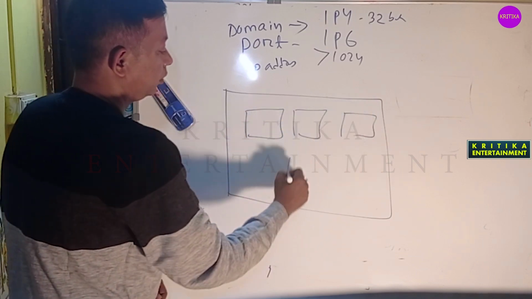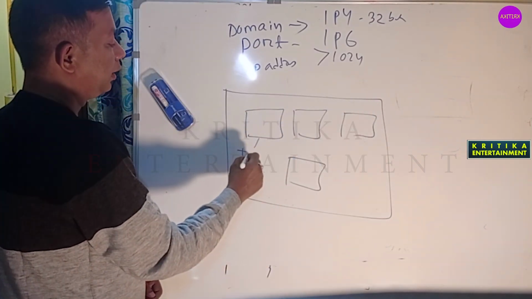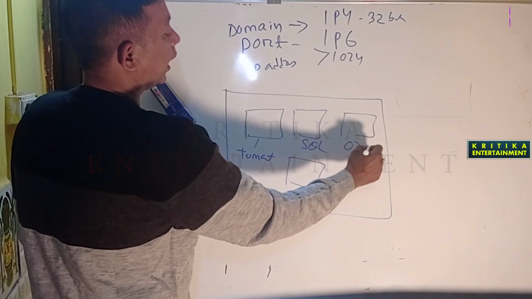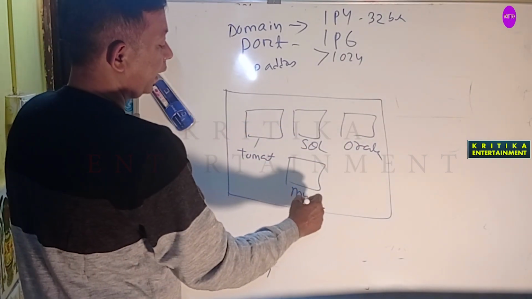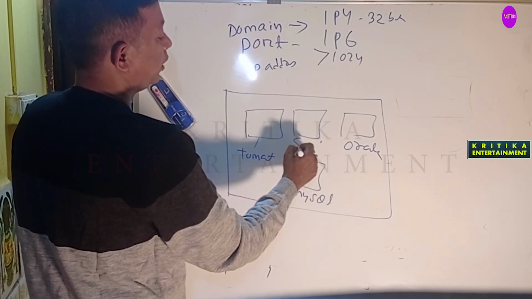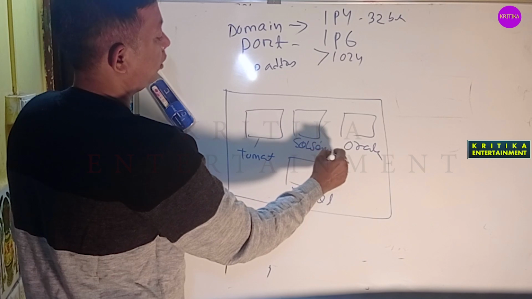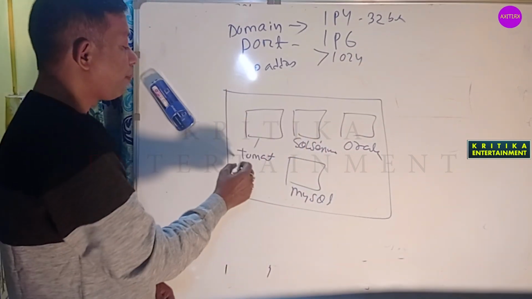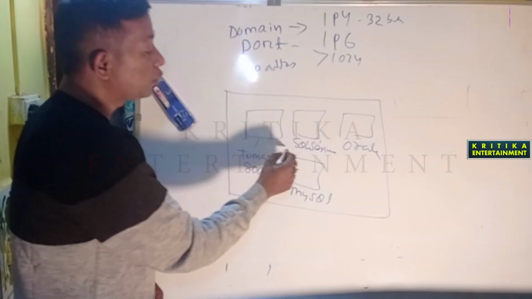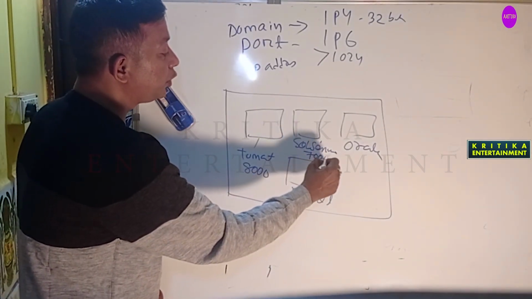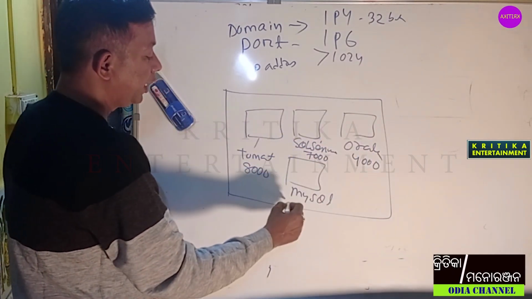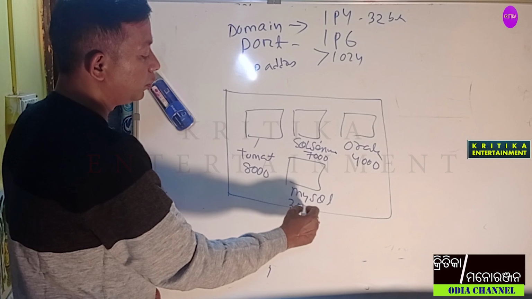Suppose they are Tomcat, SQL Server, Oracle, and MySQL. I have assigned Tomcat the port 8000, SQL Server 7000, Oracle suppose 4000, and MySQL suppose 3000.